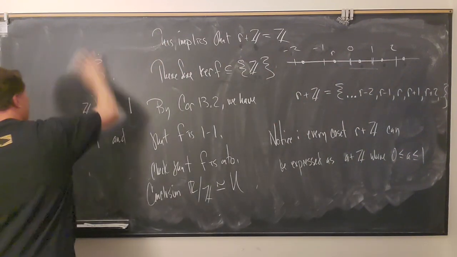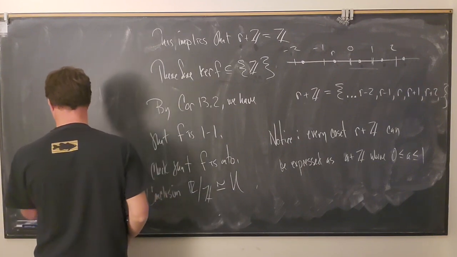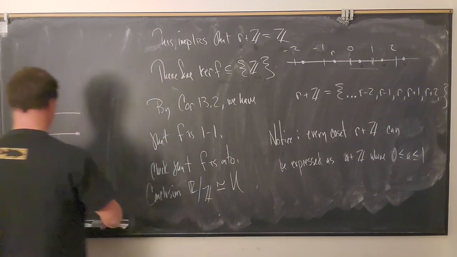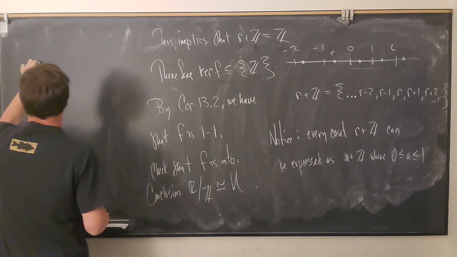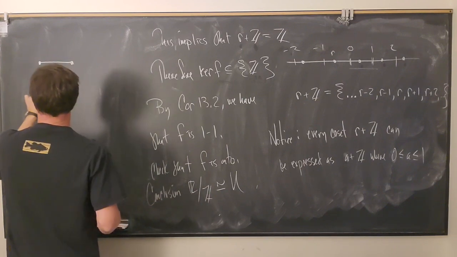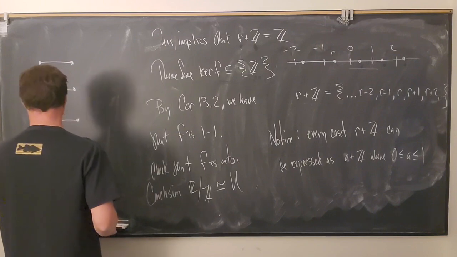So now, what this does, and what you want to picture, is let's take the real line, and let me try to do this a little bit better here. Let's take the real line, chop it up into intervals, and then stack them above each other, right?